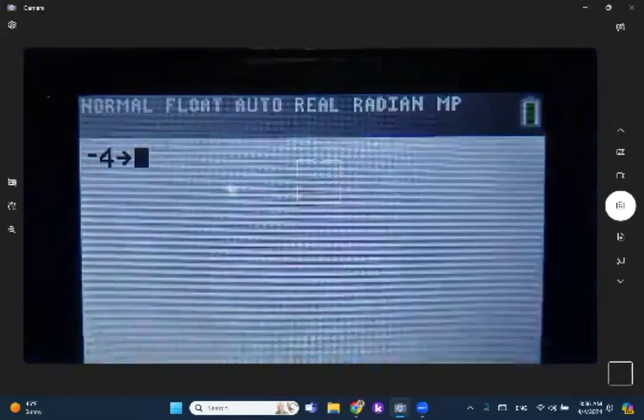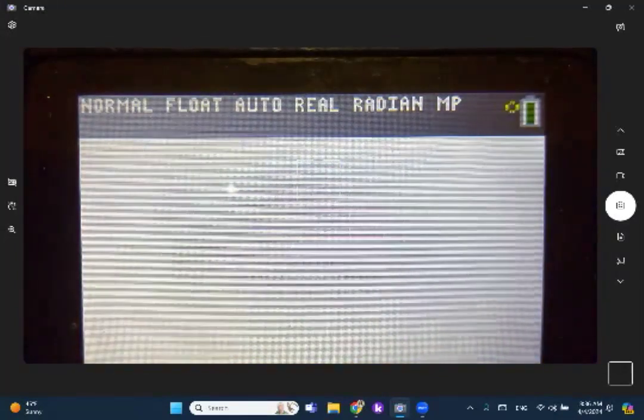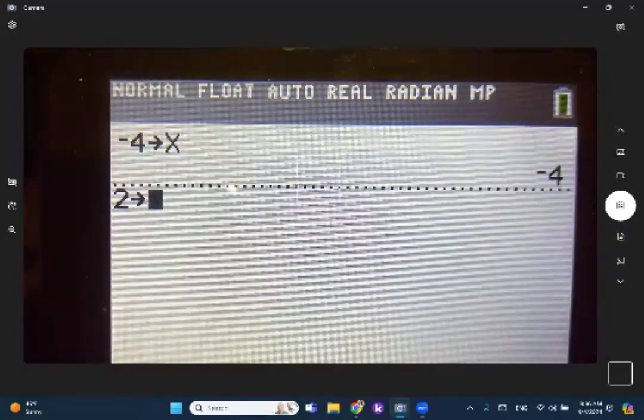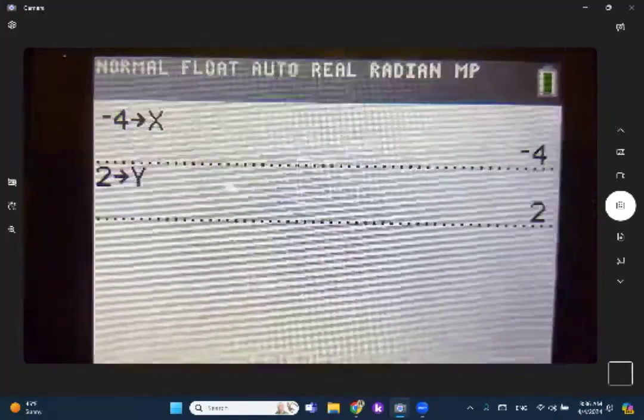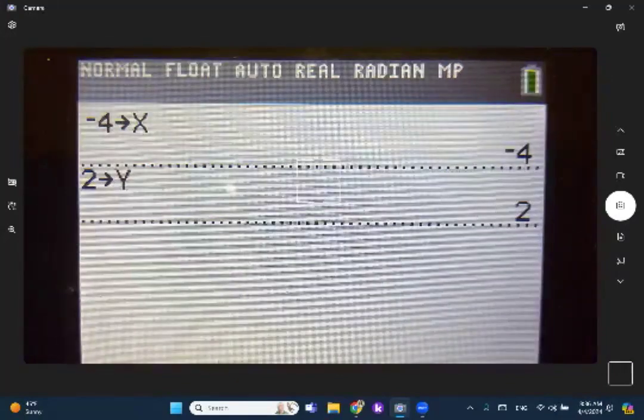How do you do y? Press alpha 1. Y is alpha 1. So first store both of those numbers. That way the calculator plugs in a -4 for x and a 2 for y.